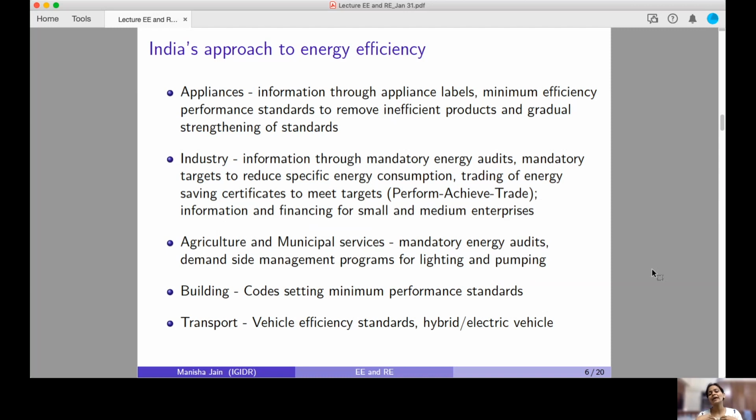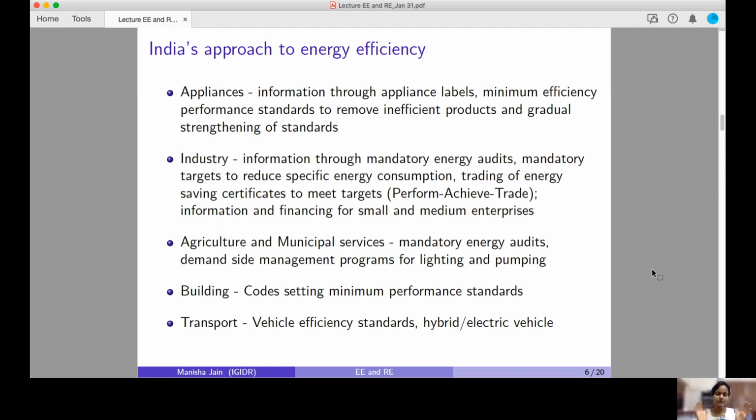So if I am able to exceed my target, I get certificates. And there is an industry which is not able to exceed the target. So to meet the compliance of reducing specific energy consumption, they can buy these certificates from the market. So in renewable energy, we see some fiscal instruments and a mix of regulatory and market mechanism, and in energy efficiency, we see again similar approaches.